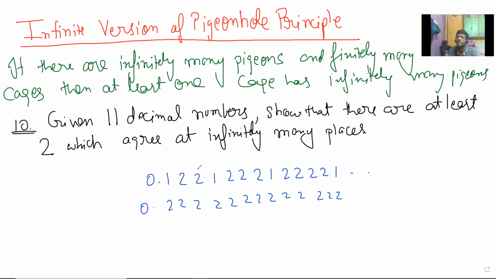Now you see these two decimals are not the same, but they agree at infinitely many places. They keep agreeing as you go forward. They will not agree everywhere, but they will agree at some point, and after that point again, at some time in the future, they will agree. Something like this. And you can see it is very clear that these are agreeing. Maybe I could have given a better example.